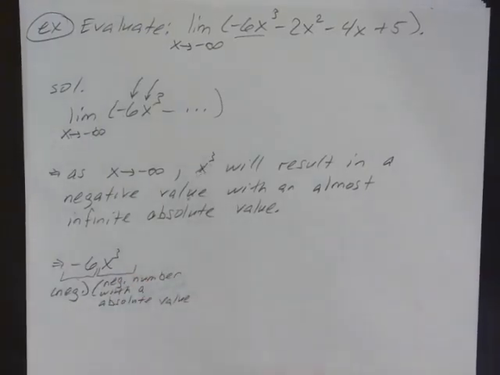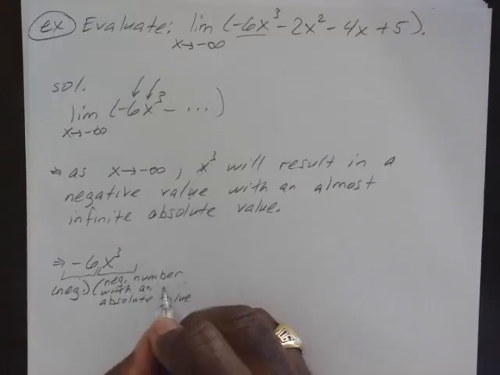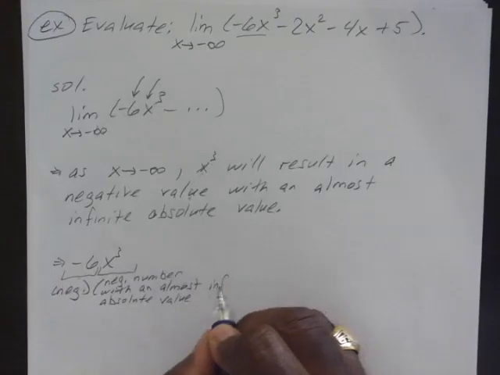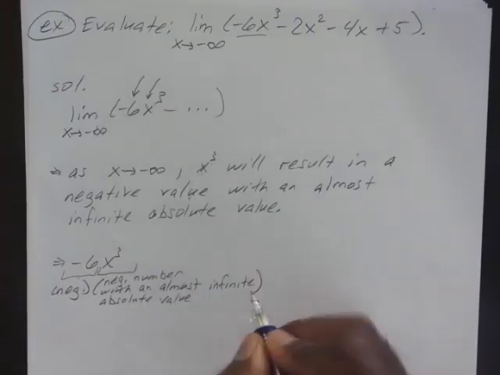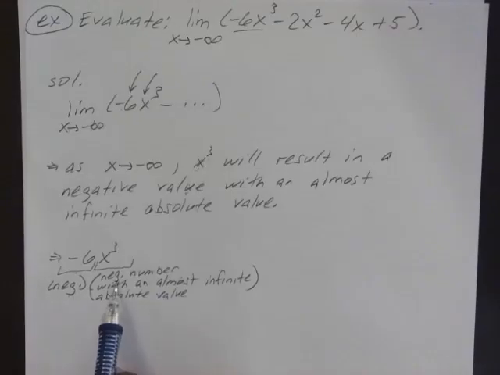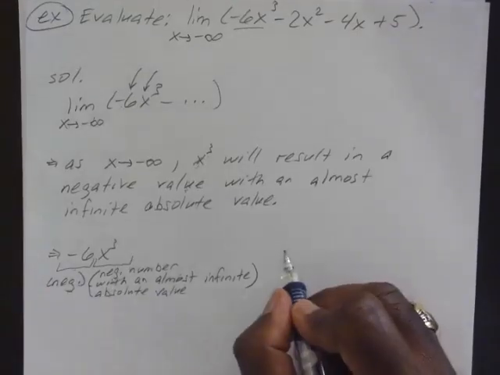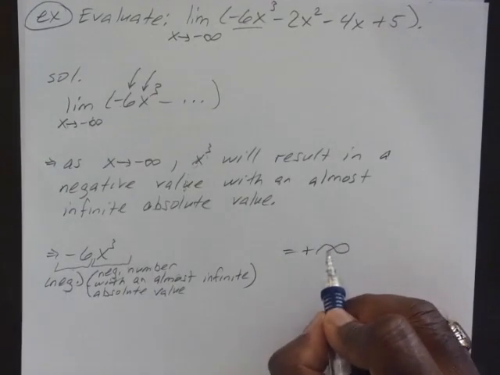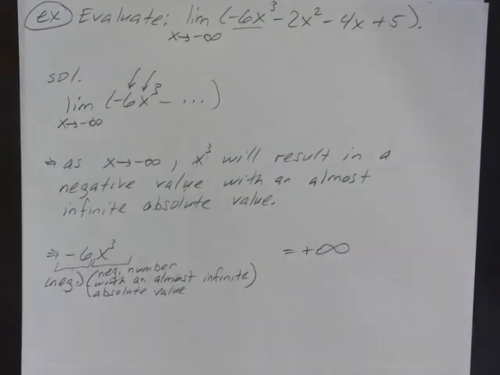Large just seems to downplay it. There you go. Okay. So here we just have a negative number times a negative number, which is going to be a positive number with an almost infinite absolute value.